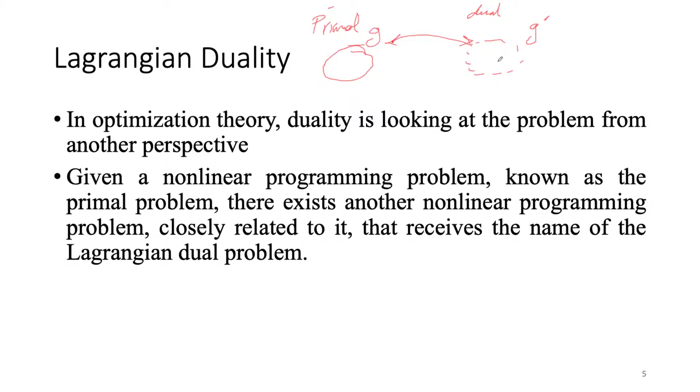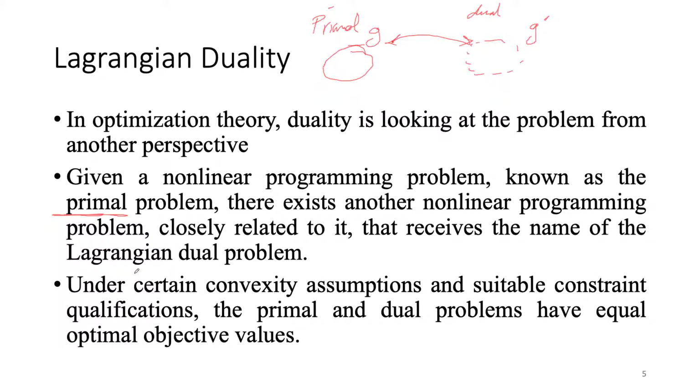So given a nonlinear programming problem known as a primal, there exists another nonlinear programming problem closely related to it, right? And it receives the name of the Lagrangian problem. So under certain convexity assumptions, we find that the primal and the dual problems, so these two problems, have equal optimal objective values.